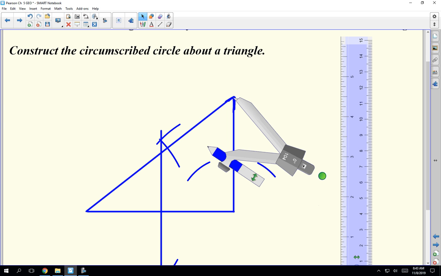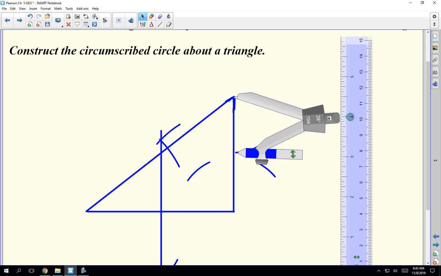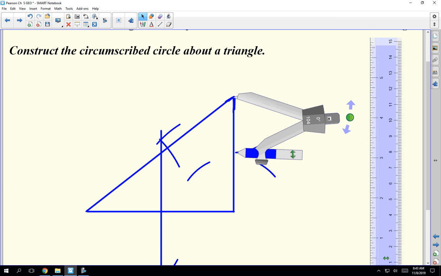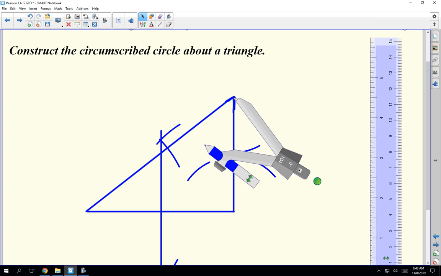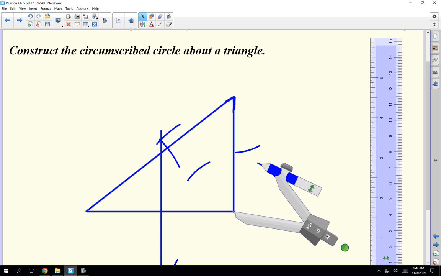Swing an arc. Swing the arc in the right spot. So I have to go back. That's good. So we got this one right here.